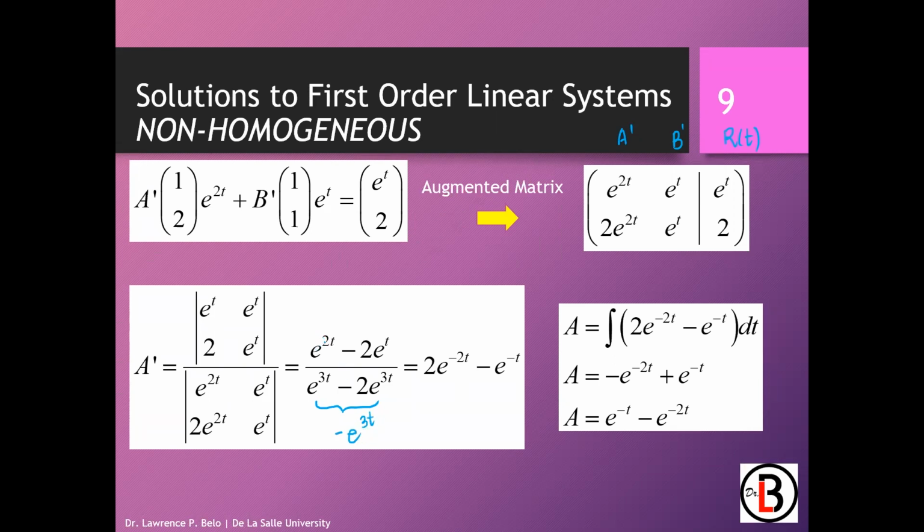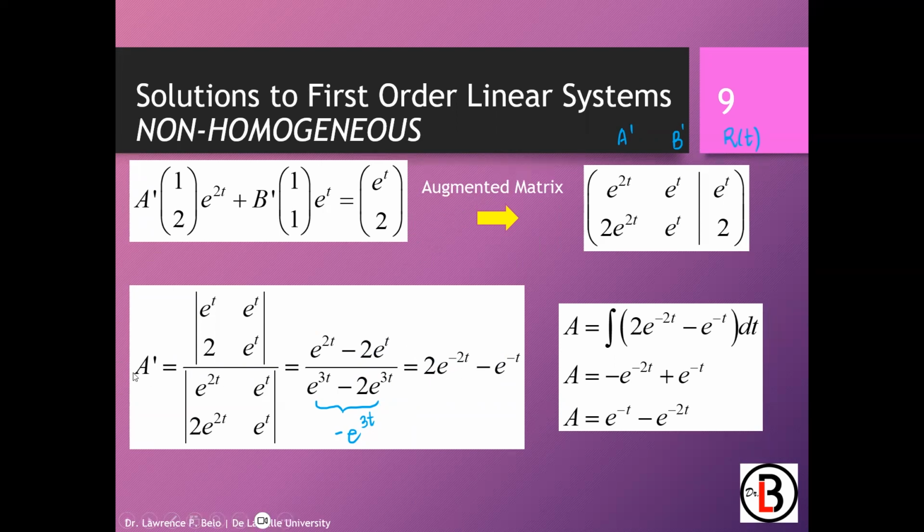So e to the 2t divided by e to the 3t is e to the negative t. Negative 2e to the t divided by e to the 3t is positive 2e to the negative 2t. So you'll have this.